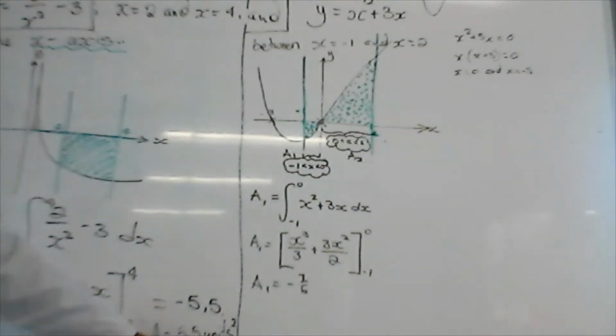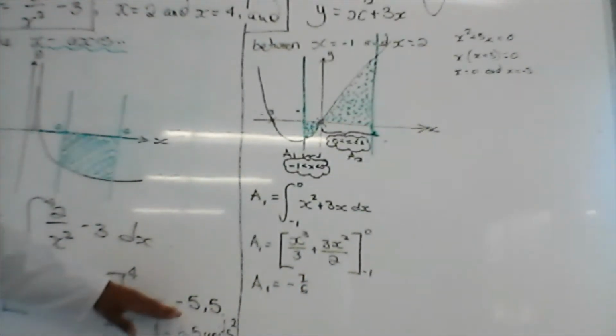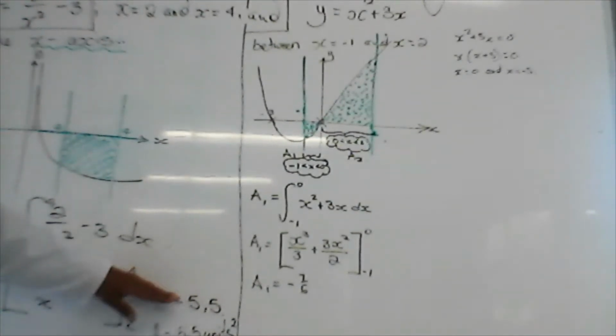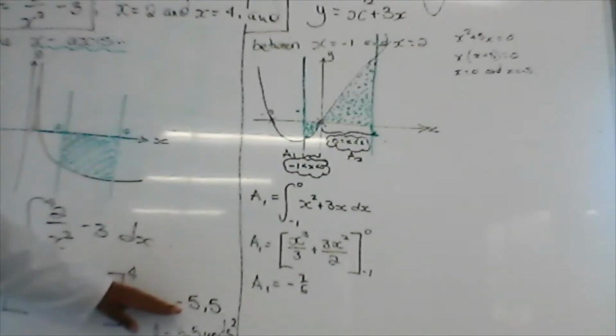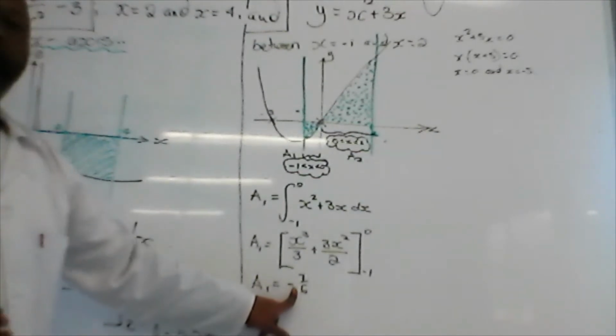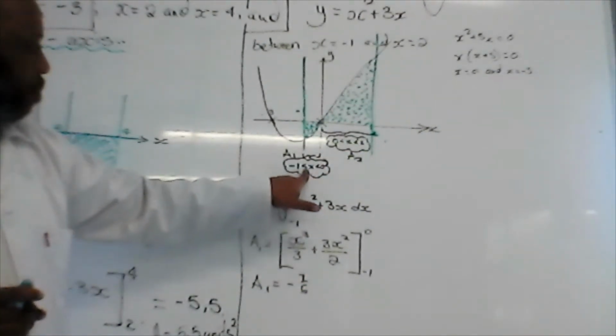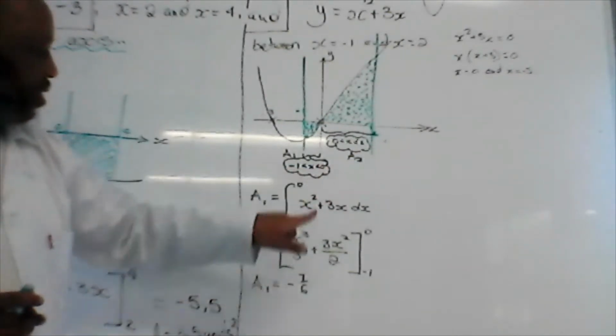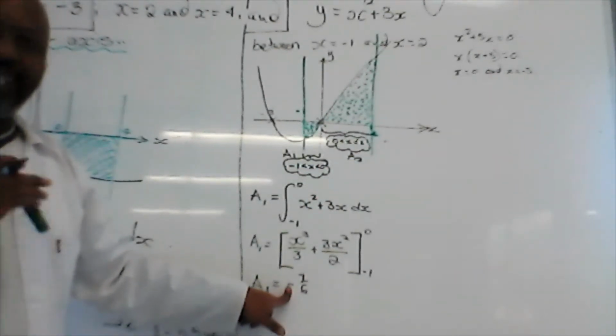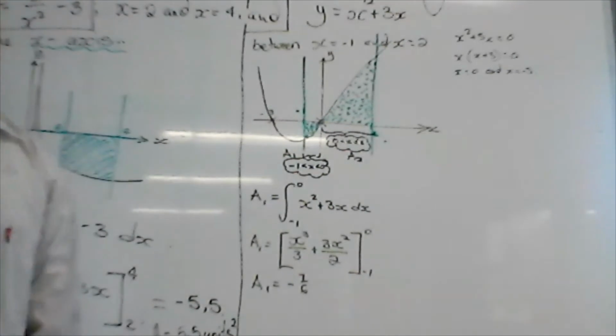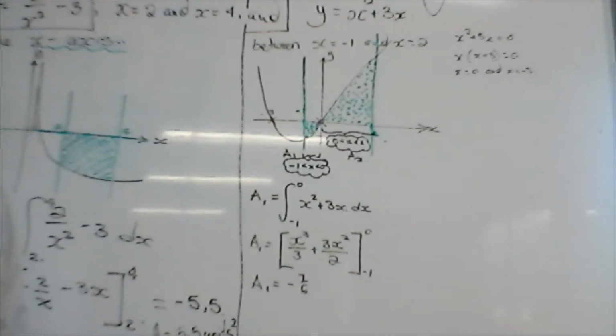Again, just to take you back to what we said in the first example, if your area is below the x-axis, your integral will come out as negative. That area there, area 1, bounded by -1 and 0, came out as a negative. That tells us that it's below the x-axis.